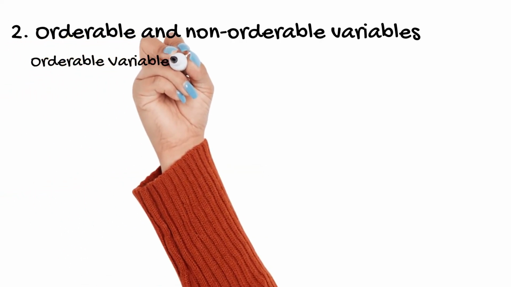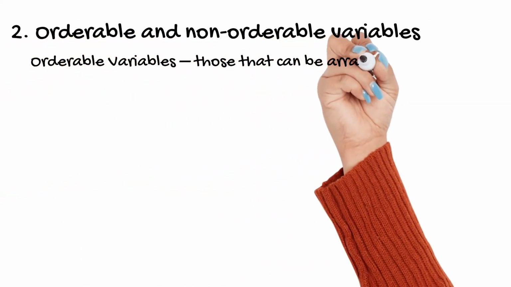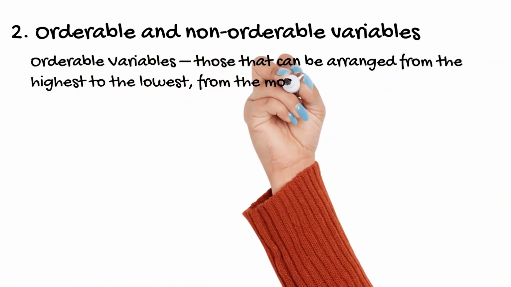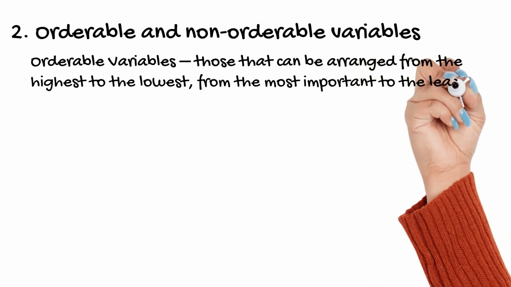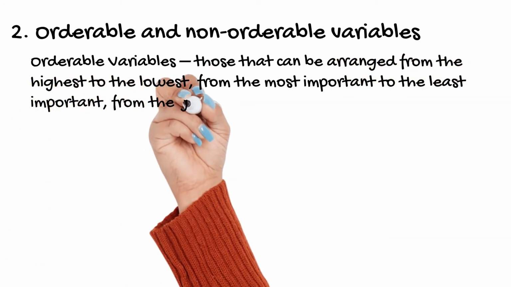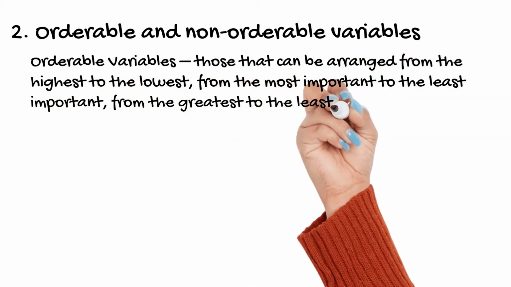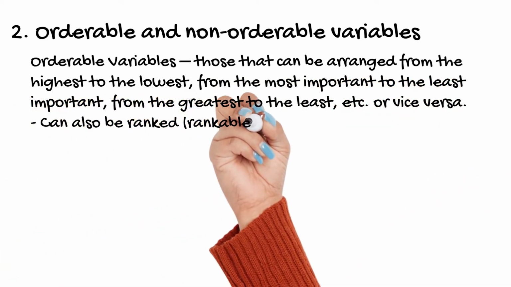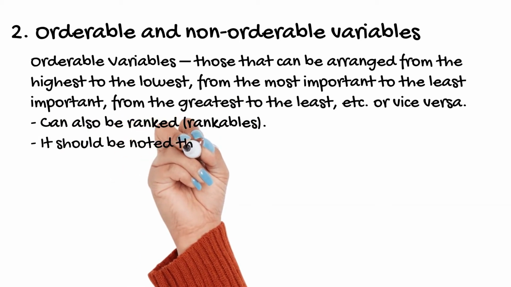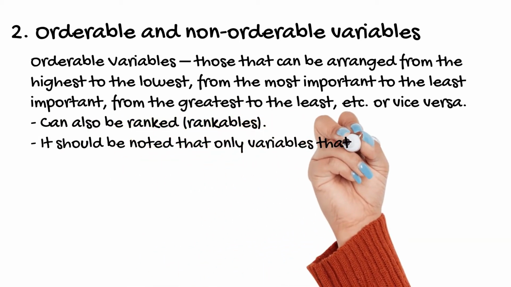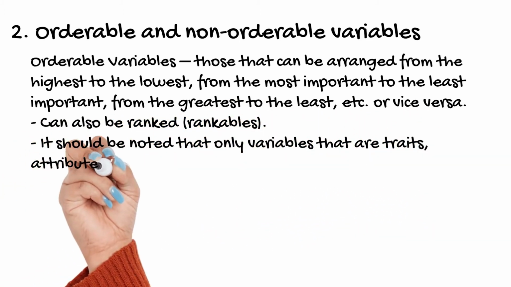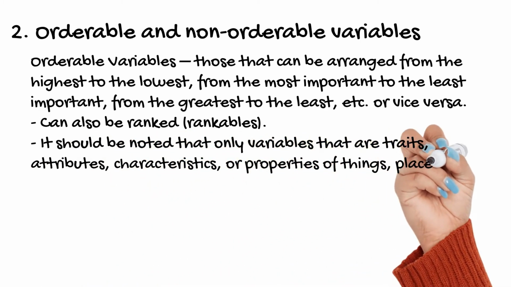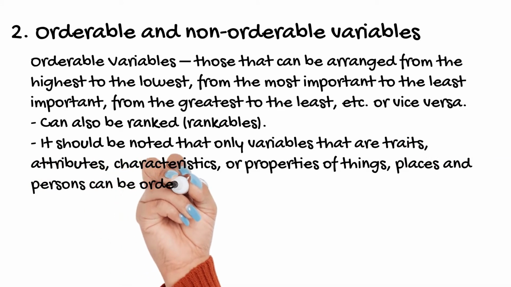Orderable variables are those that can be arranged from the highest to the lowest, from the most important to the least important, from the greatest to the least, and etc., or vice versa. It can also be ranked, or they are called rankables, and it should be noted that only variables that are traits, attributes, characteristics, or properties of things, places, and persons can be ordered and ranked.